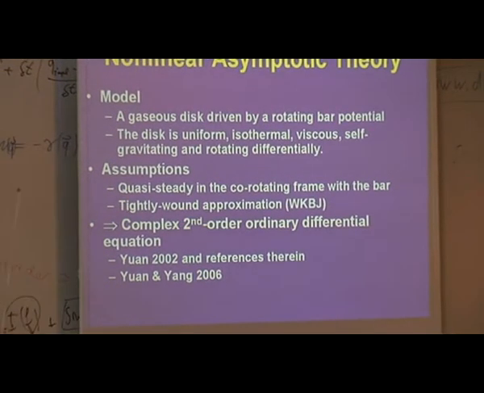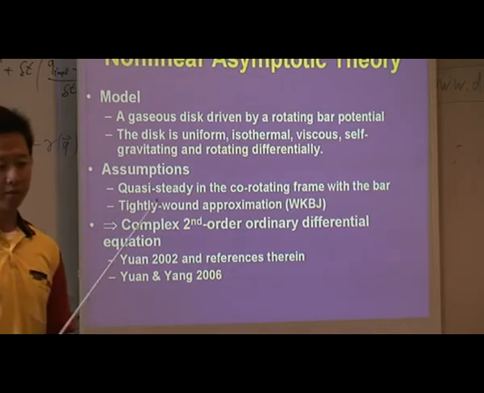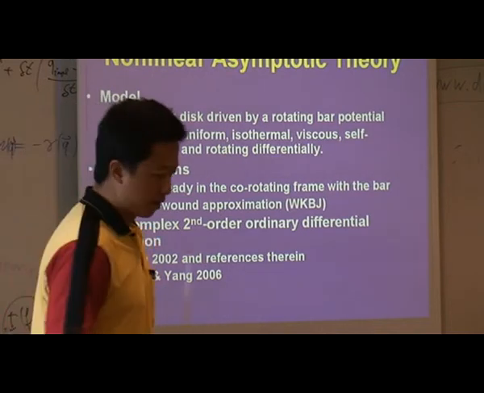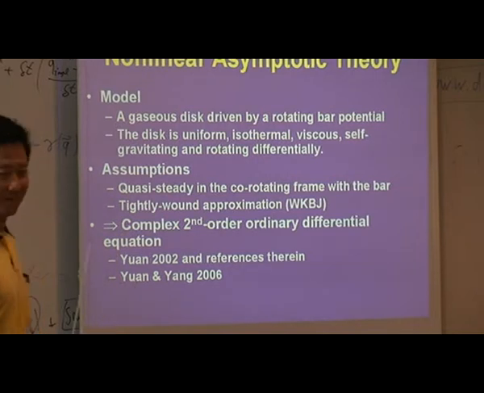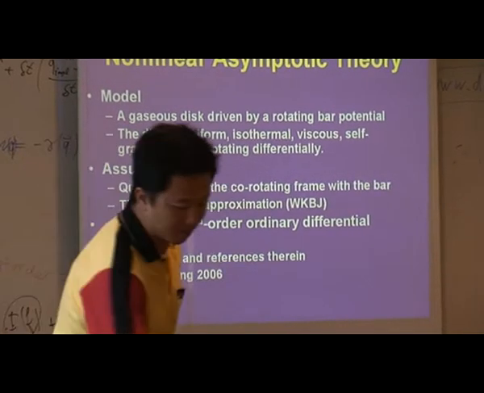You can find a quasi-steady pattern, including kinematics, of the spiral structure. So that's the strength, the advantage of using this approach. If you're interested, you can talk to me, and there are lots of references in these two papers.